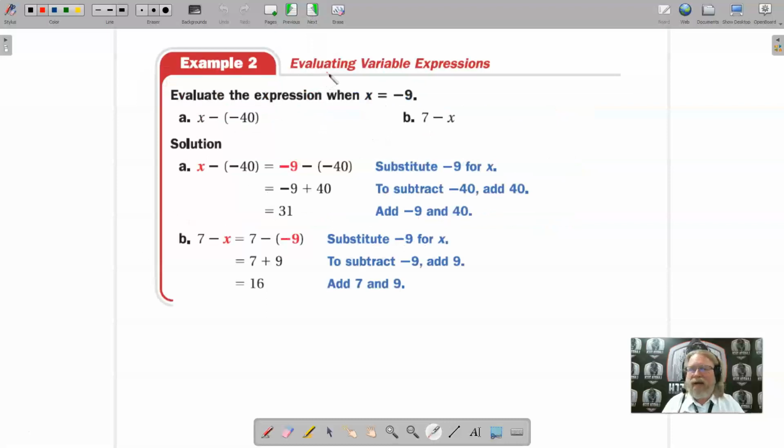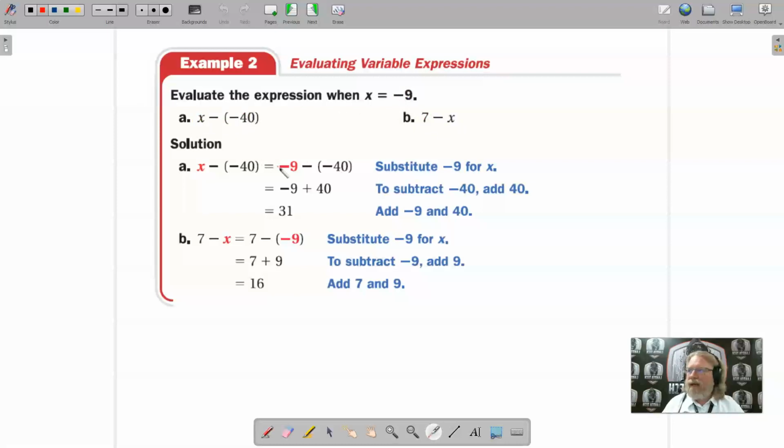Here we have evaluating variable expressions in example 2. So we're going to do some evaluating again. Evaluating is where we take the given value for the variable, such as x equals negative 9, and anywhere we see an x, we substitute this value of negative 9 for that x. So our first one is x minus negative 40, with x equal to negative 9.